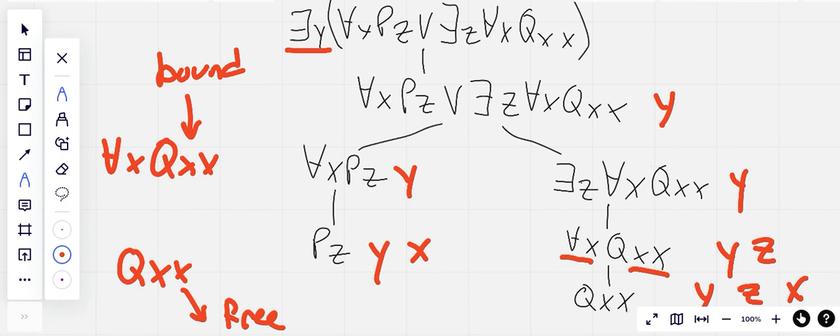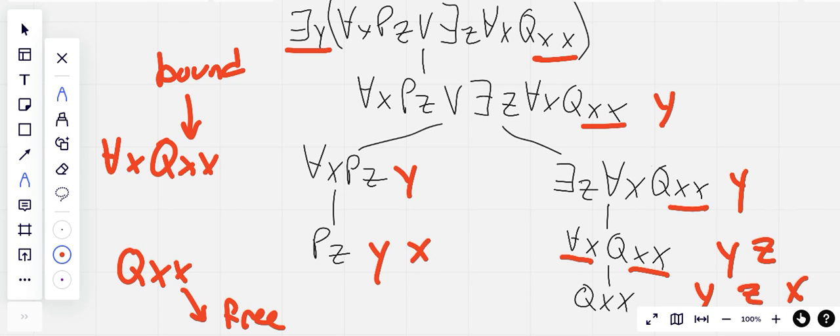Continuing up here, we then introduce this z variable, and this z variable isn't actually quantifying anything. I mean, it's quantifying z, but z doesn't appear anywhere in the formula, so we don't really evaluate it at all. Continuing our way up here, this x is still bound because it was before. These x's remain bound all the way up, in fact. And as we keep looking through here, these remain the only things that are bound.